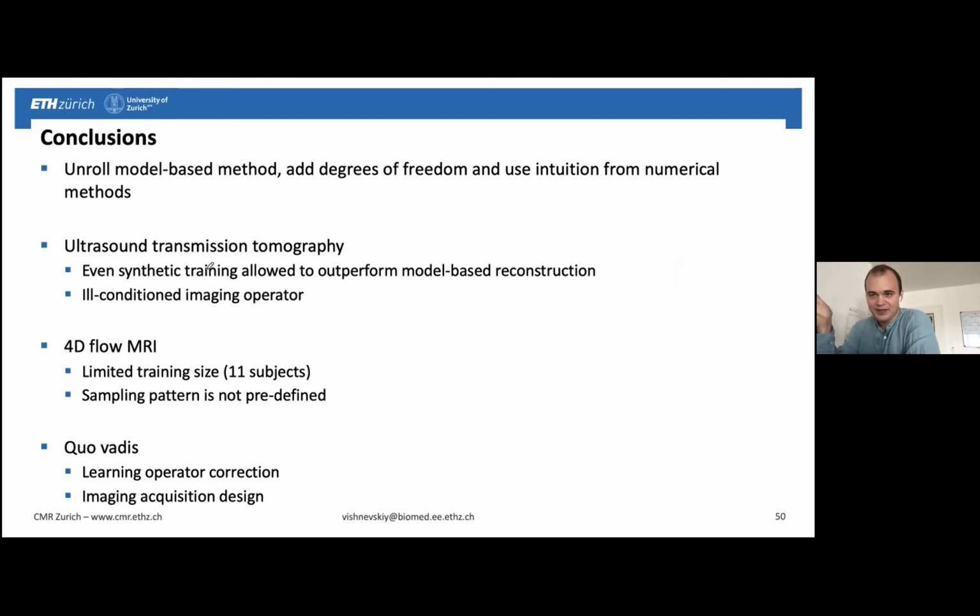But in the case of image reconstruction, nobody can do it without a computer. People would probably be very bad at reconstructing an image from the acquired signal, so I think this is quite a rare example. And also this model can be trained using a very limited amount of data.